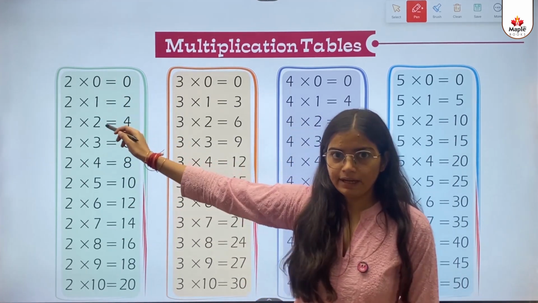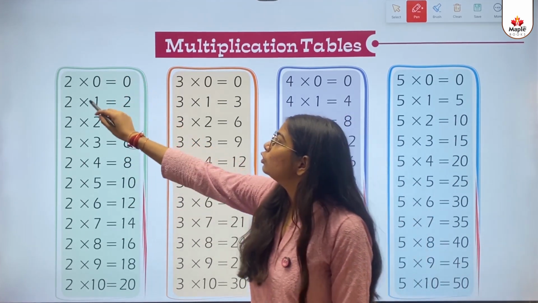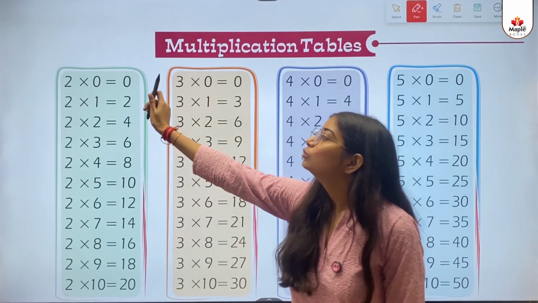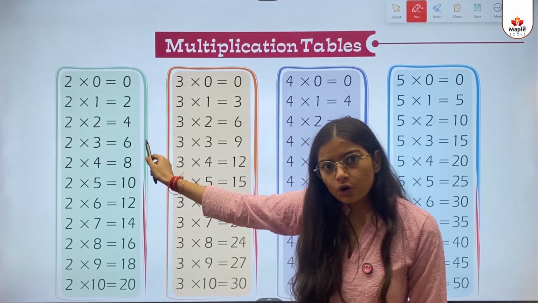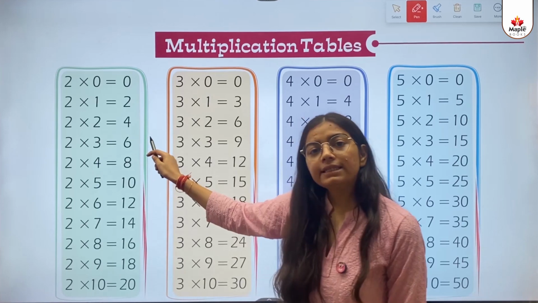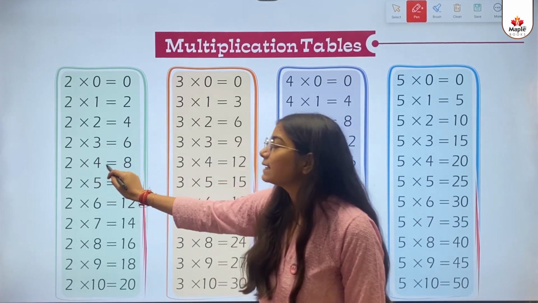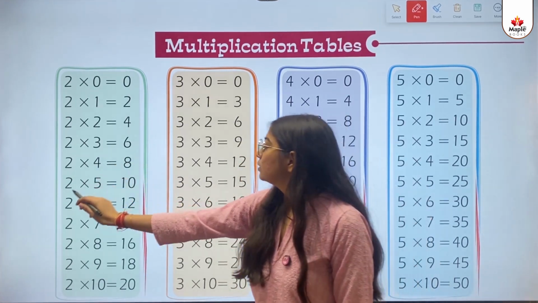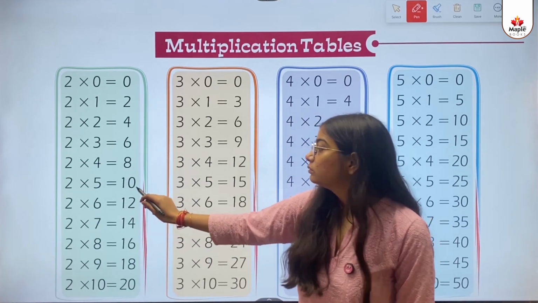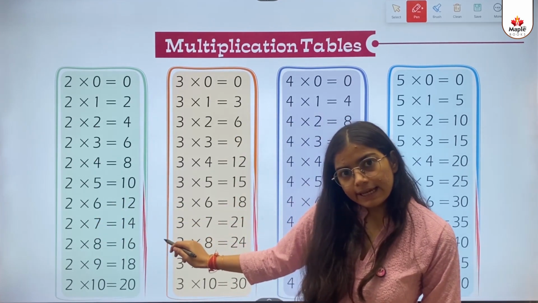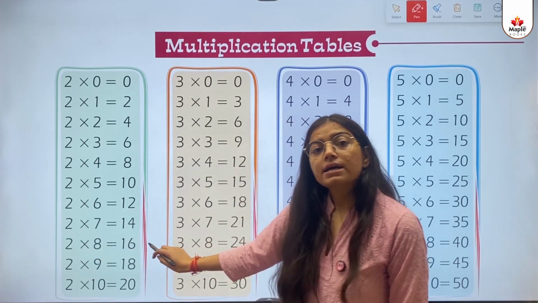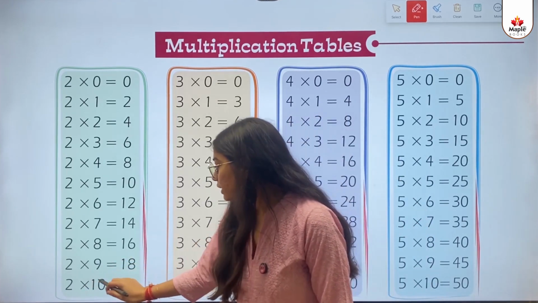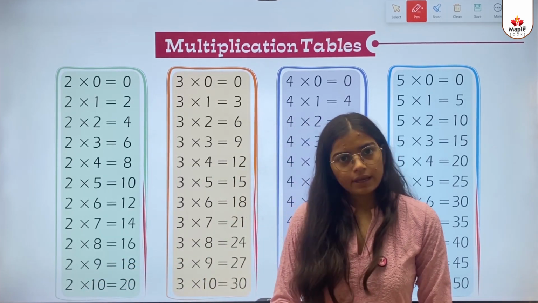So, the first table is of 2. 2 zeros are 0. 2 ones are 2. 2 twos are 4. 2 threes are 6. 2 fours are 8. 2 fives are 10. 2 sixes are 12. 2 sevens are 14. 2 eights are 16. 2 nines are 18. 2 tens are 20. Is this much clear?